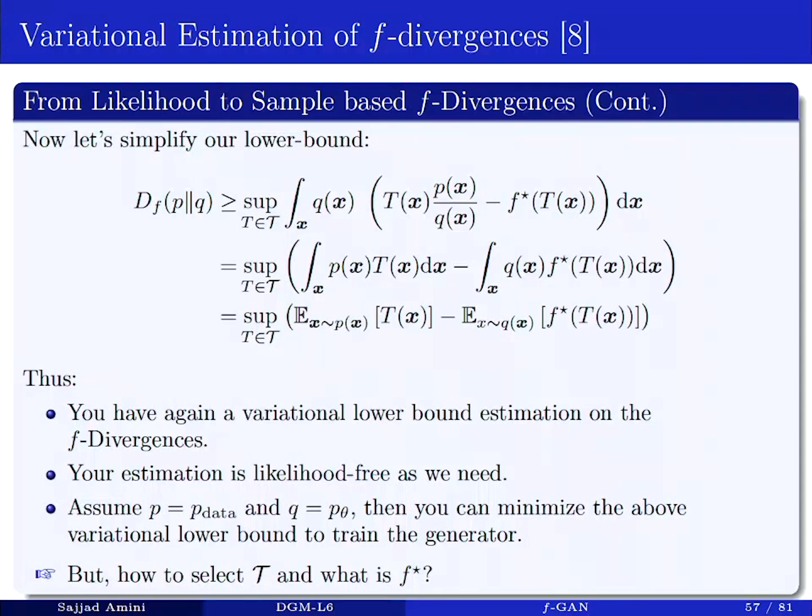Your estimation is likelihood free. You see here that you do not have p(x) inside the expectation. Pay attention that the expectation with respect to p(x) or q(x) is valid for us. But an expression with p(x) itself is not acceptable because you do not have p(x).